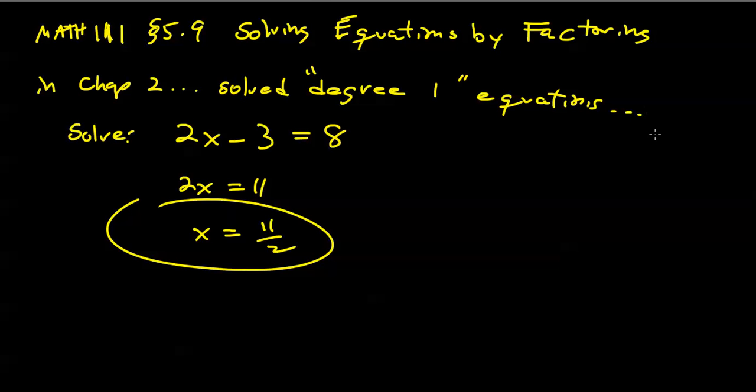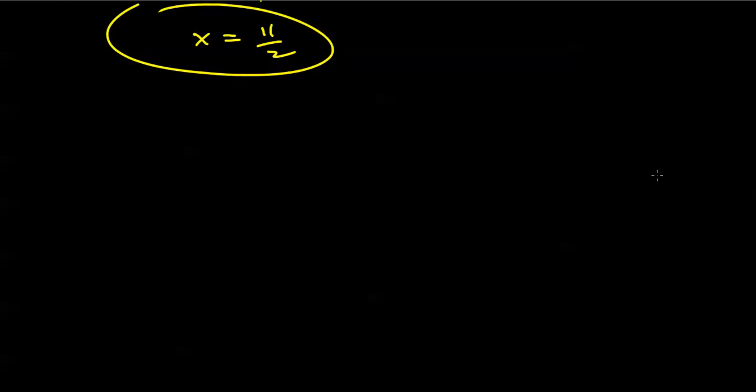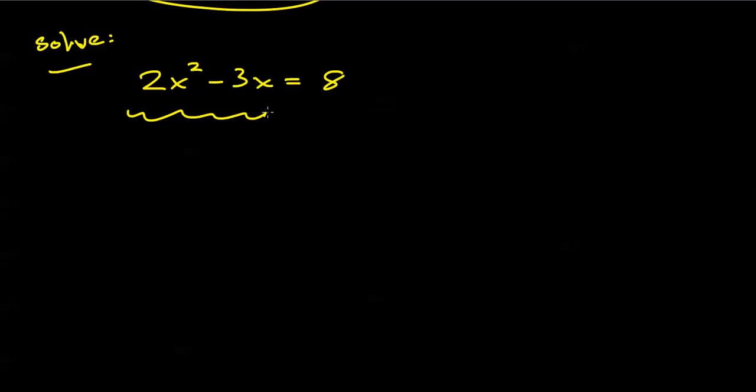Alright, let me motivate today's lecture with a problem I'm going to pose to you. Let's say I want to solve a degree 2 equation. Well, the idea here is because these are unlike terms on the left, they cannot be combined. Well, that means you cannot isolate x on one side of the equation using the techniques of chapter 2. Right?